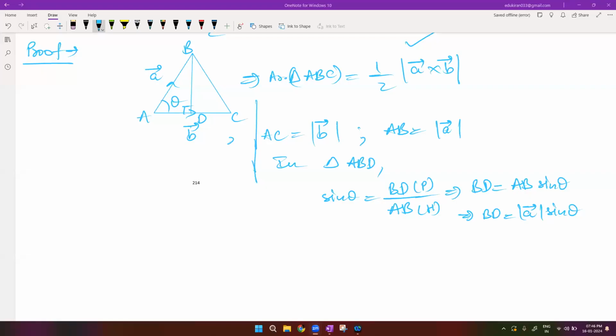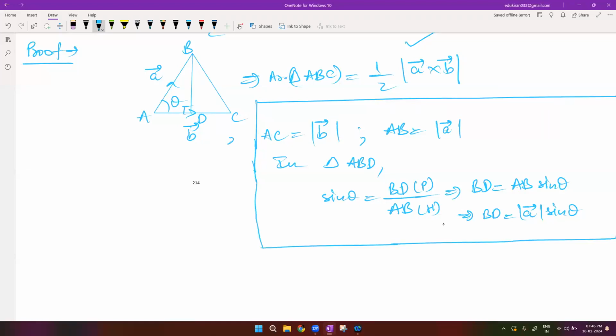So this is the formula. But how did we reach the formula?